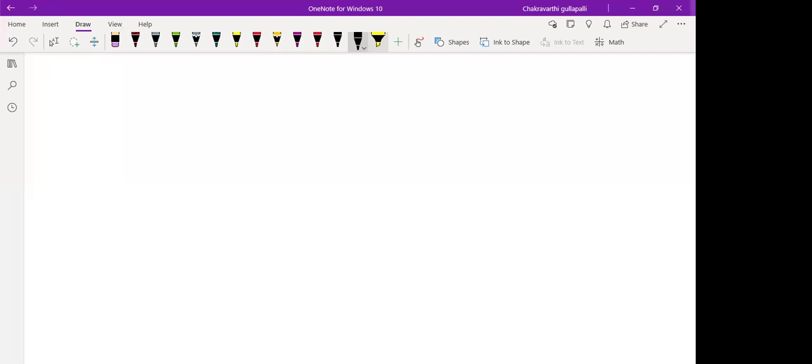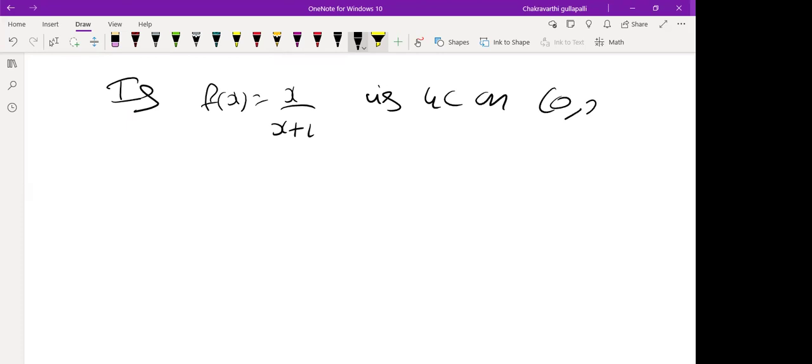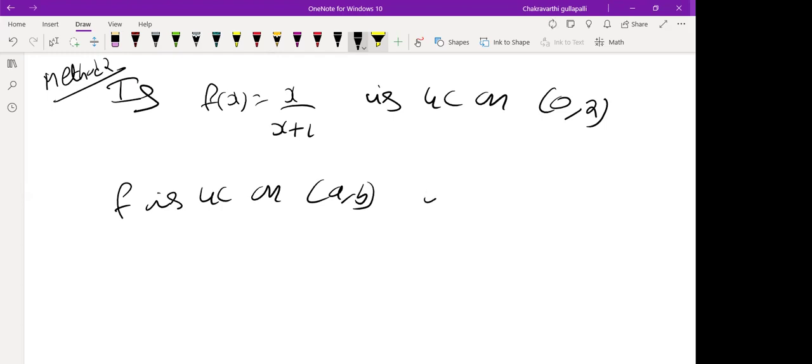But suppose we are asked to find simply whether x/(x+1) is uniformly continuous on (0,2). If delta is not asked, you can directly go for this method. When is f said to be uniformly continuous on an open interval? If and only if, first, it should be continuous on the open interval.